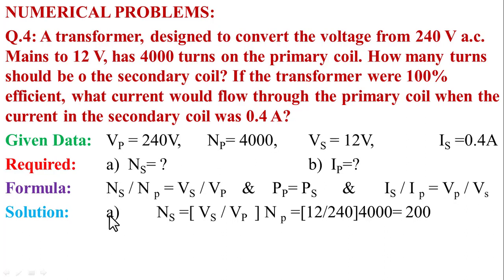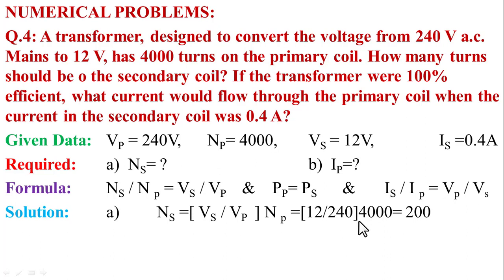In the first part, we calculate Ns, the number of turns on the secondary coil. So we arrange the formula: Ns is equal to Vs over Vp multiplied by Np. Putting the values, 12 divided by 240 is equal to 1 over 20.